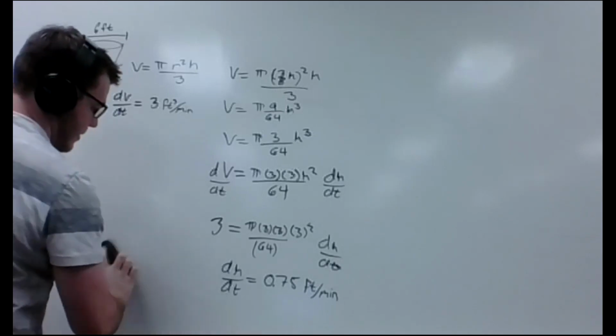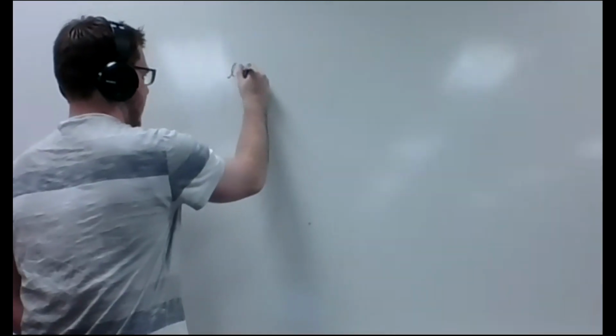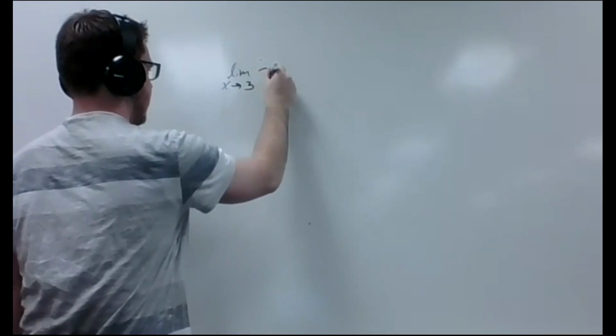So I guess next would be the epsilon delta proof. What an epsilon delta proof is doing is essentially proving a limit. If we think about what a limit is, a limit doesn't really care about what the actual thing is. It cares about how we approach it. Let's say we have the limit as x approaches 3 of 2x minus 1.